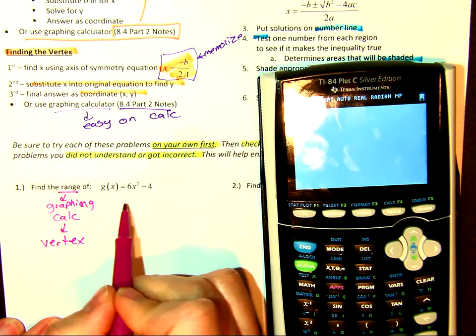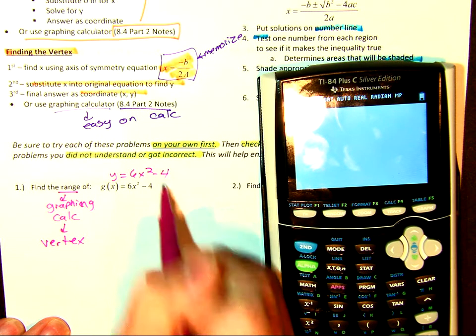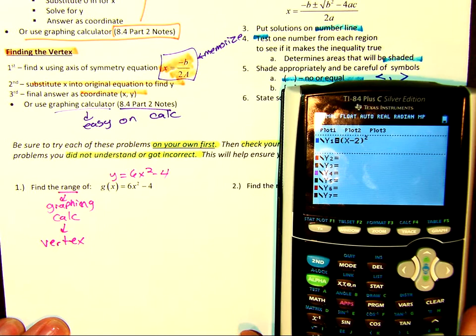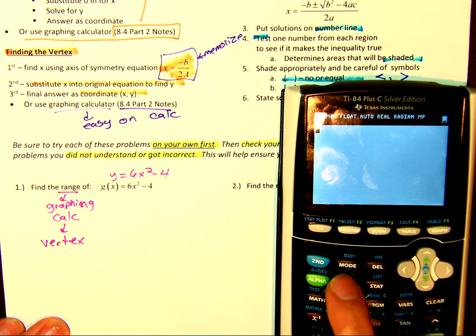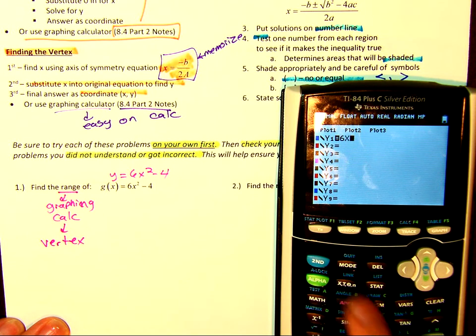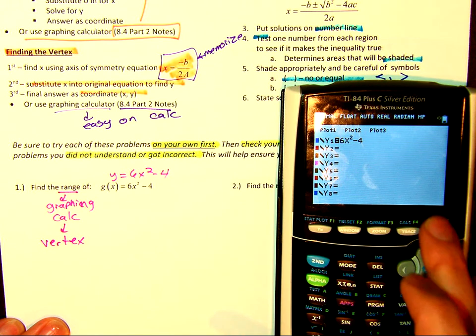I would graph this, because remember, this is like saying y equals 6x squared minus 4, so I'd go to the y equals button and clear this out and enter 6x squared minus 4. Then we're going to graph it to see what it looks like.